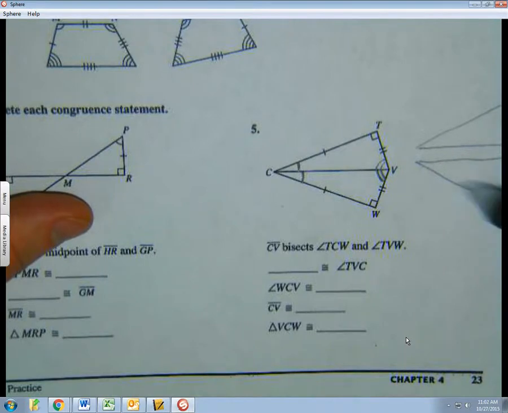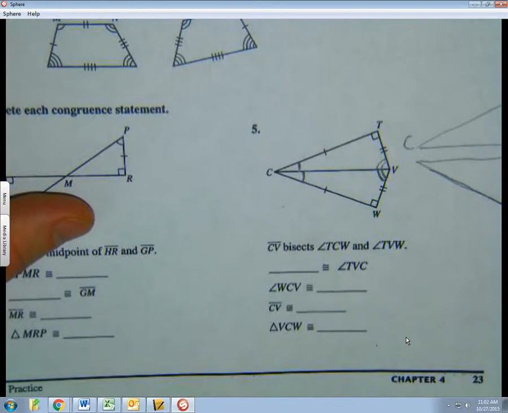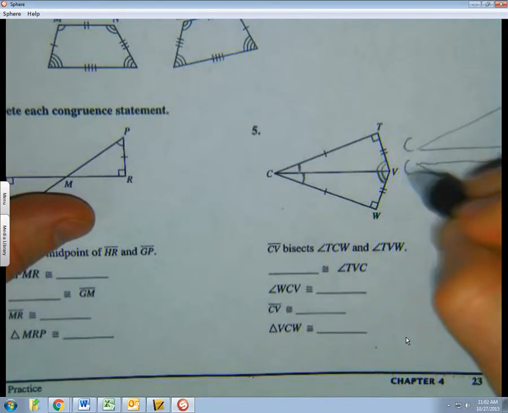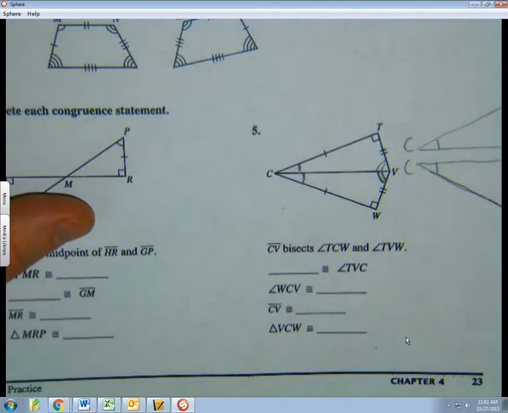TVC, VWC, those are the same. That's right angle. That's right angle. Same.